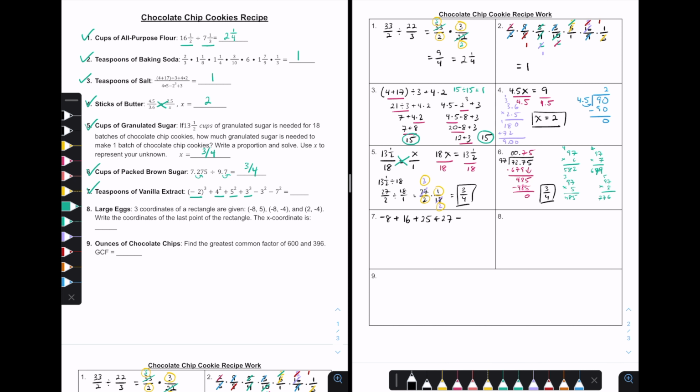Minus 3 times 3 is going to be 9. 7 times 7 is going to be 49. -8 plus 16 is going to be 8. 8 plus 25 plus 27 minus 9 minus 49. 8 plus 25 is 33.